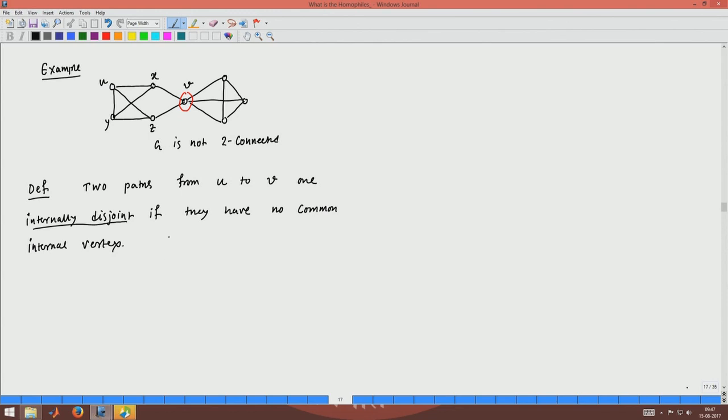Between these two vertices I can see there are many paths, but U x V is one path and the other path is U y z V. So, these two paths are internally disjoint.